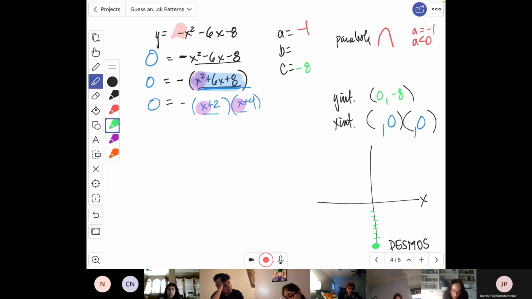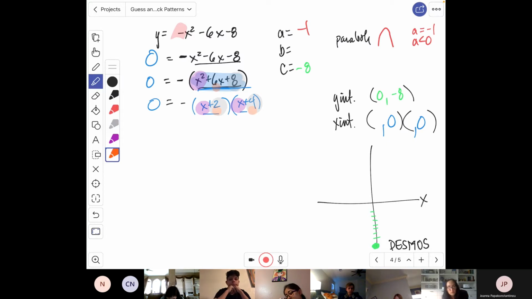In addition, these two numbers have to multiply to give you that, right? So we're having to factor 8 to figure out what these two numbers are. But those two numbers also have to add to give me this.